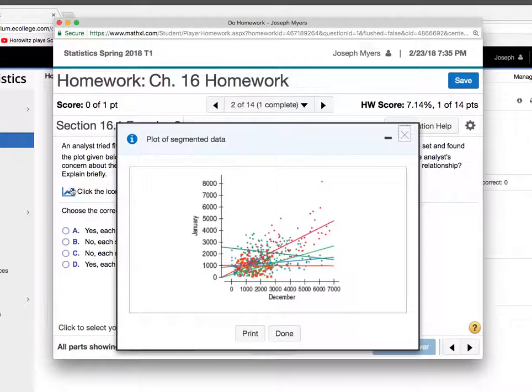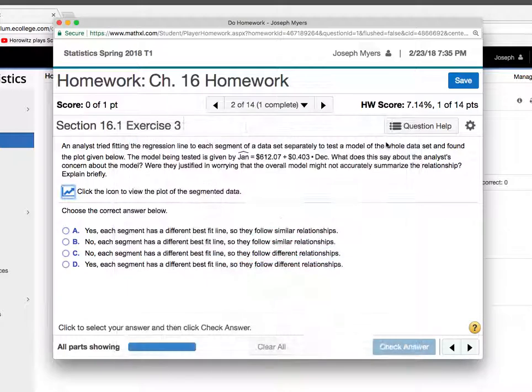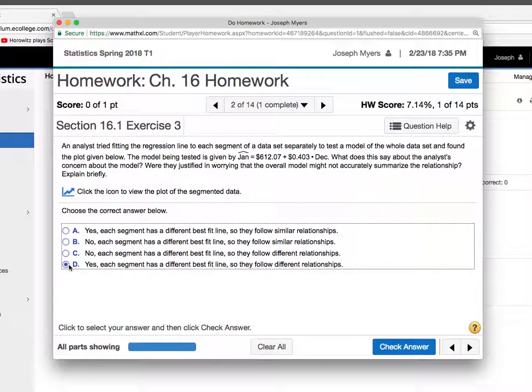Okay, now let's look at this some more. Oh wow, this is actually the same problem. If you graph a line through the orange data, it goes up. The blue data goes that way, and everything's going in a different direction. I would say every single one of them has a different line, so it looks like they follow different relationships.